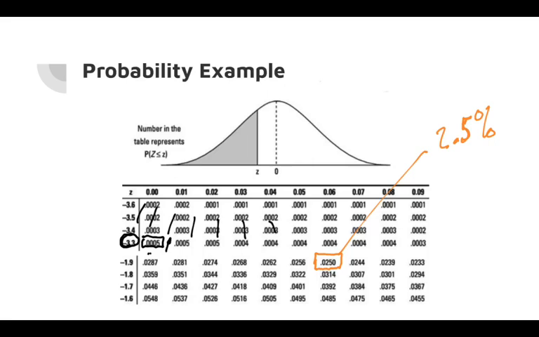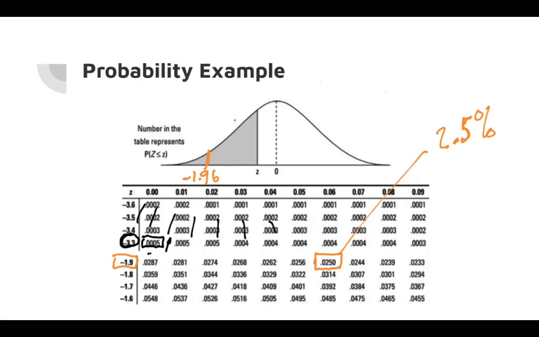So if I want to know what z-score is going to be greater than only 2.5% of my population, I look at the row that I'm in, so out here, this is going to be negative 1.9, and then I can add a 6.